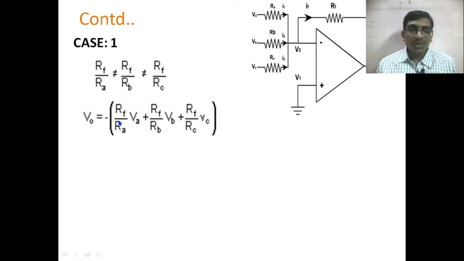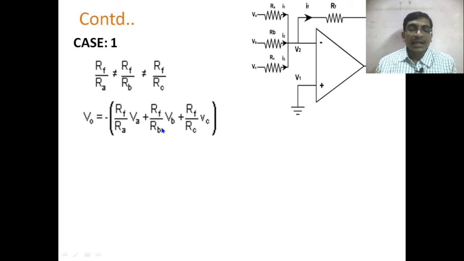Even if you take the same RF value, based on the denominator we will get different multiplication factors here. Suppose, for example, I take RF equal to 8 kilo ohms and RA equal to 1 kilo ohm. Therefore, 8 by 1 is equal to 8, so 8 into VA.